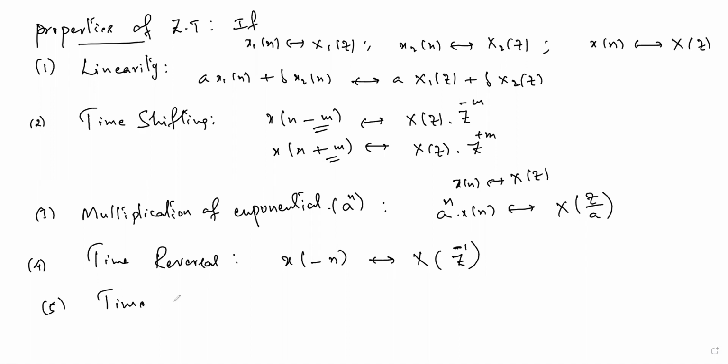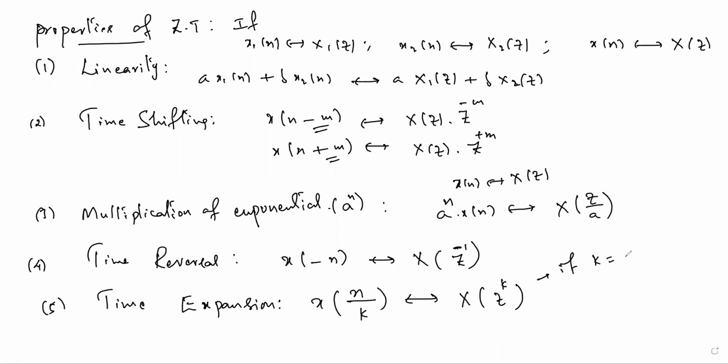Similarly, the time expansion property: x of n divided by some k is x of z to the power of k. Now observe, if you take k equal to minus 1, it becomes the time reversal property. So time reversal is a special case of the time expansion property.